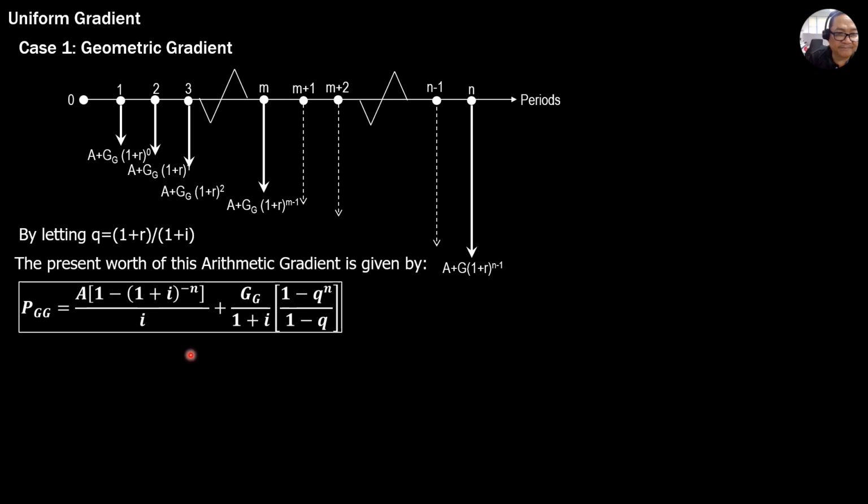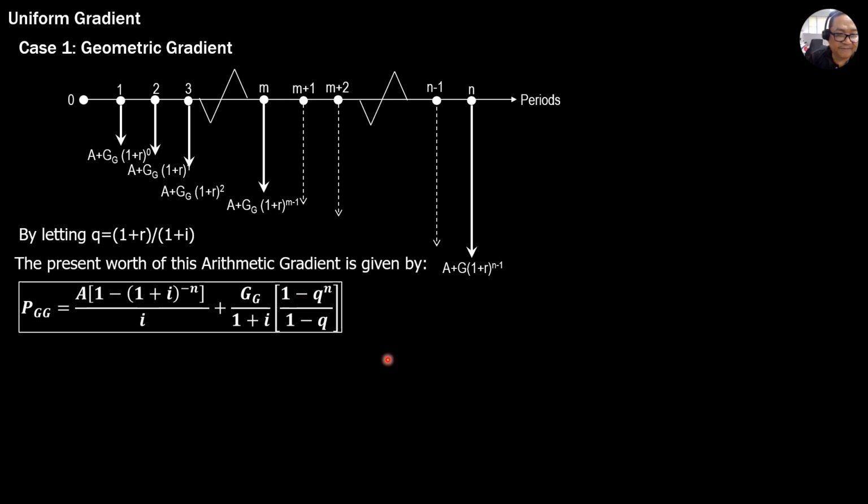Then plus the present worth of this geometric gradient. So this portion here, this increasing payment in addition to this fixed payment. And as I said, this will be derived on the next slide.